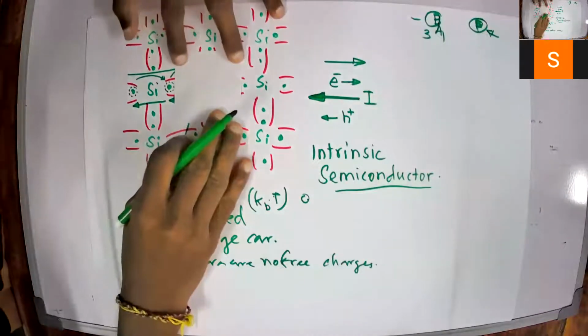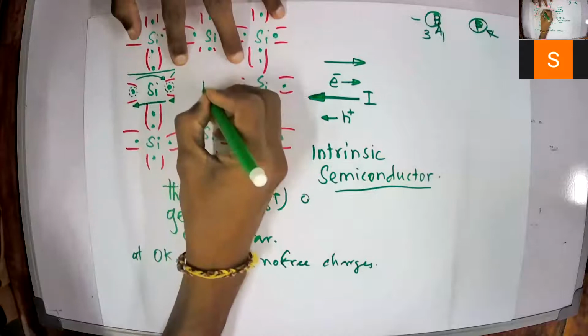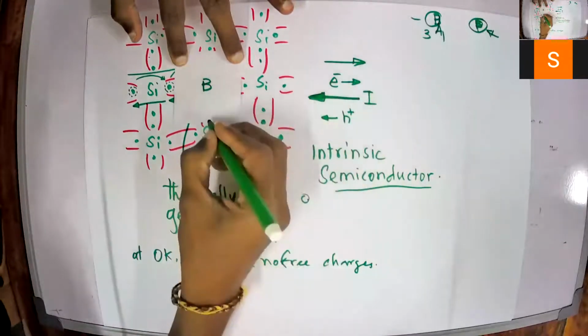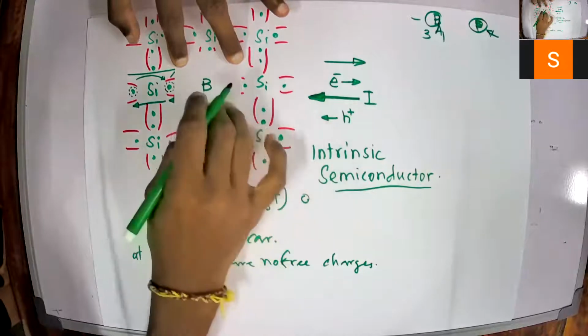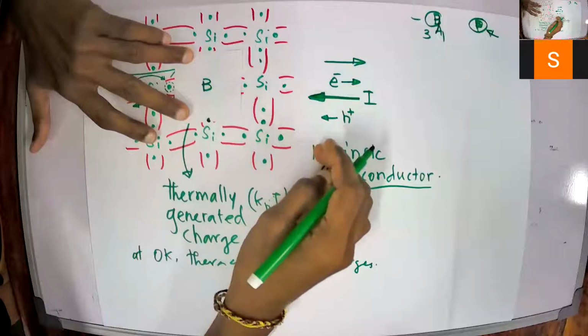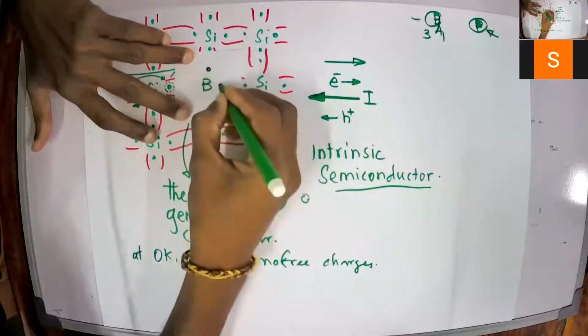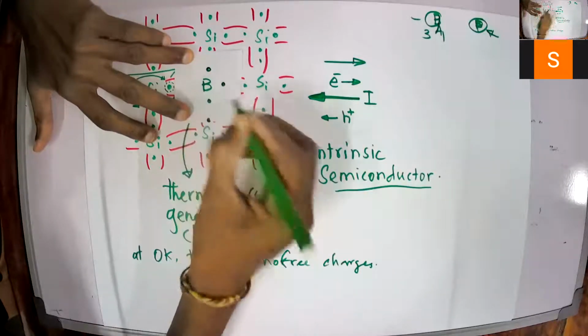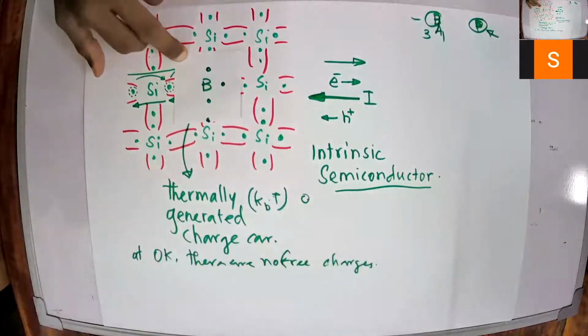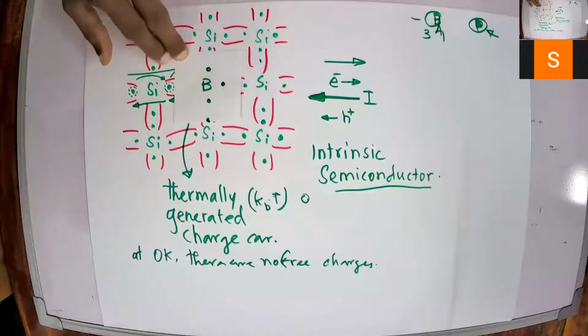If we add boron here, we know that boron has only 3 electrons in its outer orbit.